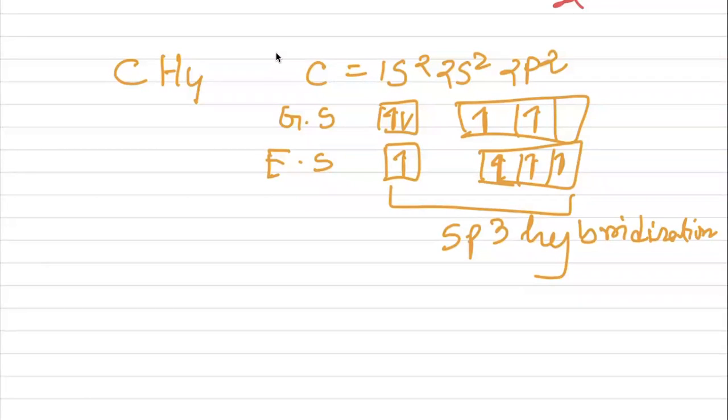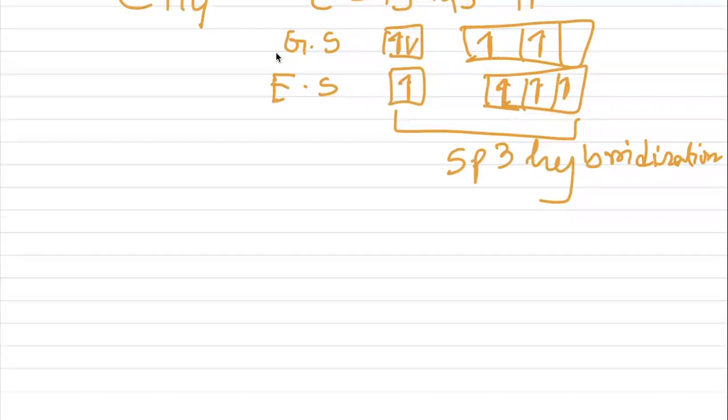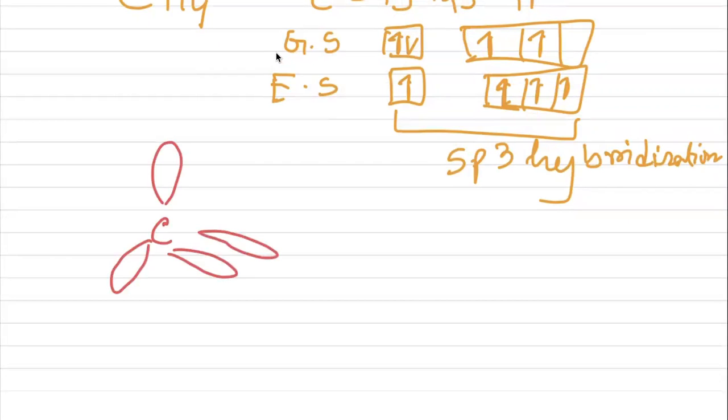Now this sp3 hybrid orbital of C will mix with hydrogen, and it will give a tetrahedral structure.